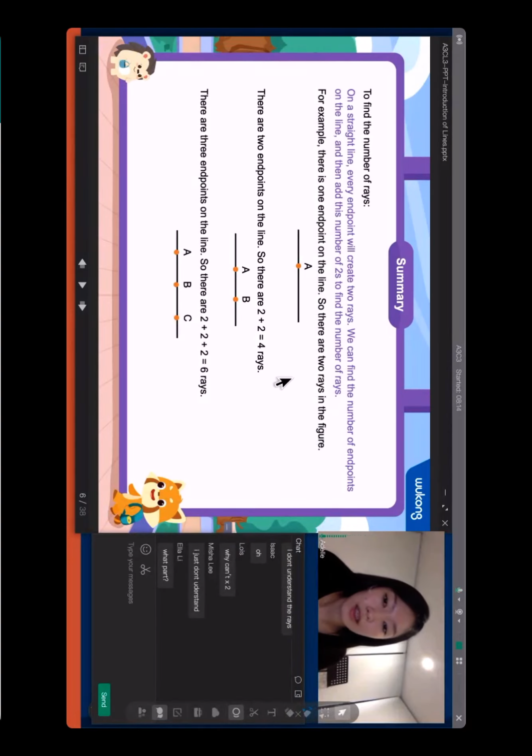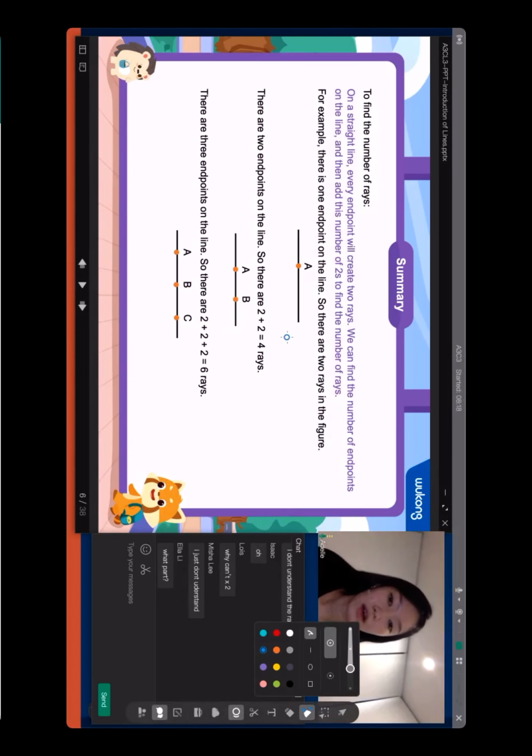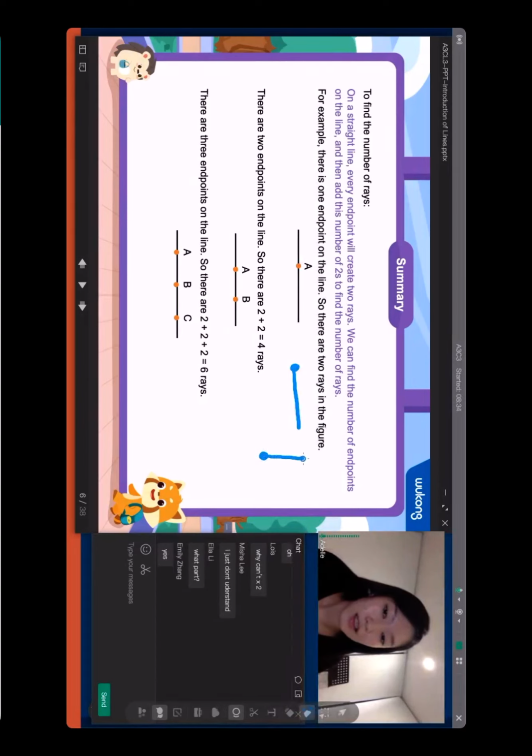So it will look something like this. I'll draw a ray for you. So you have 1 endpoint and then a line extending in one direction indefinitely. Does that make sense? Or let's see, we have another endpoint and we have a line extending one direction indefinitely.